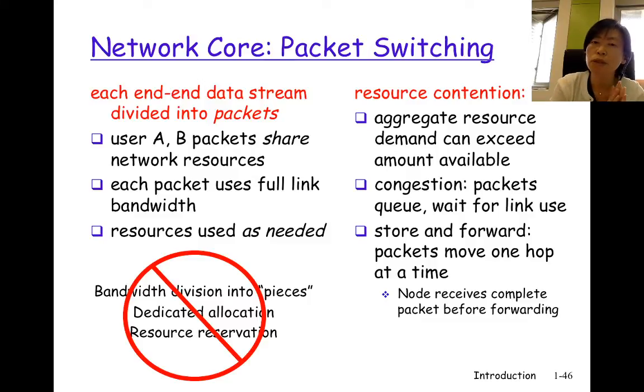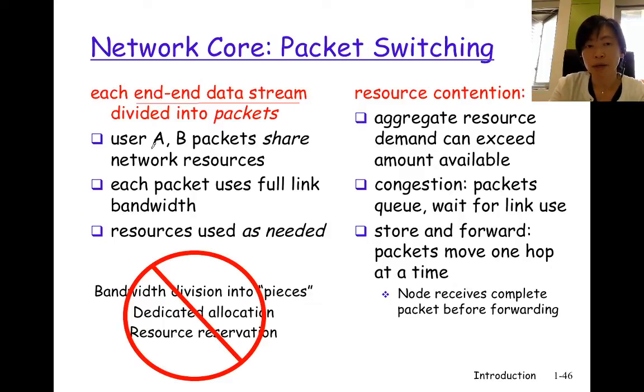Let's move on to the second fashion. It's called packet switching. People in the packet switch camp actually think very differently. They think in a more socialistic way of sharing resources. Let me elaborate. Each end-to-end data stream is divided into packets. So instead of sending continuous voice, data is divided into packets, chunks.